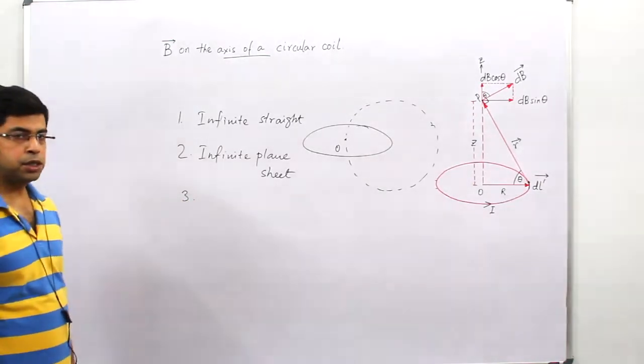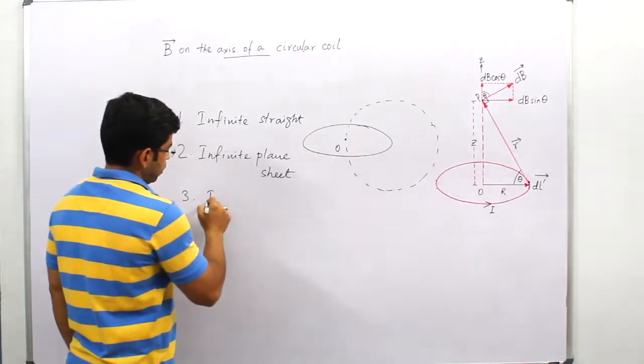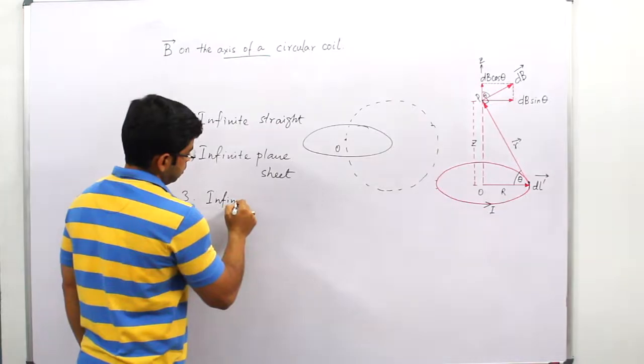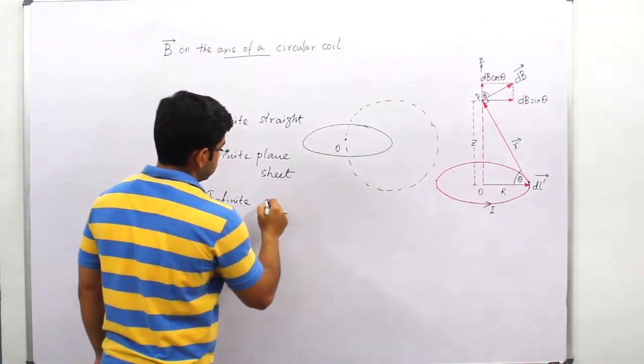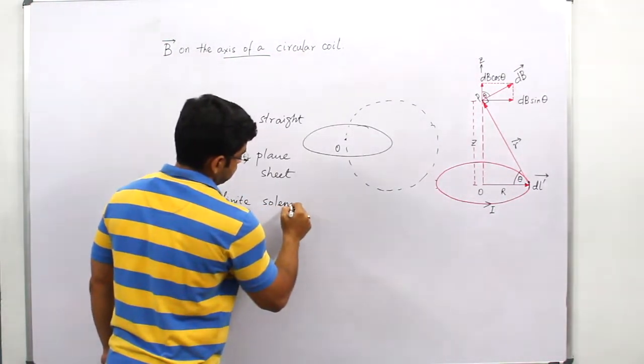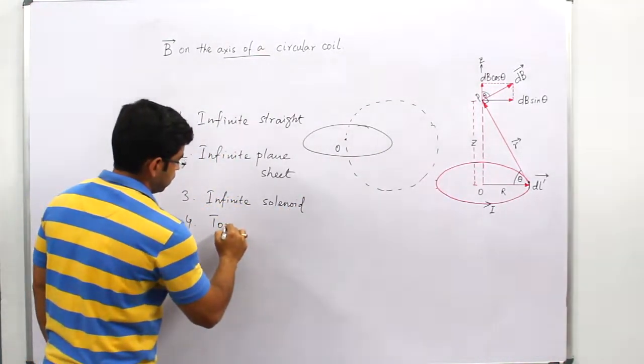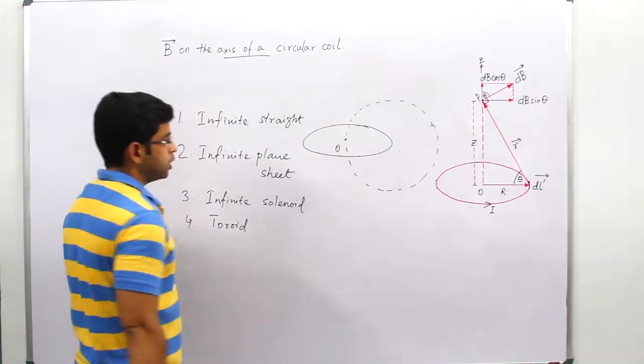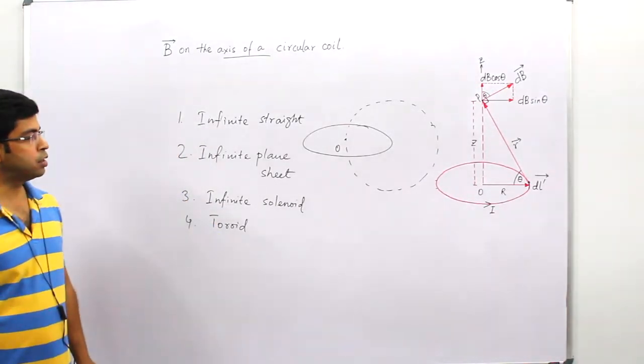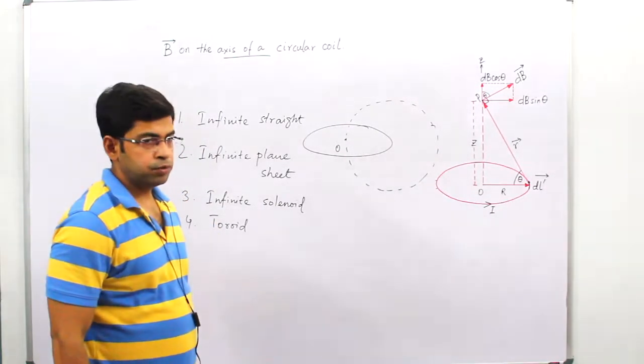The third case is for an infinite length of solenoid, and the fourth is for a toroid. In other cases, we have to simply use the Biot-Savart law to calculate the field.